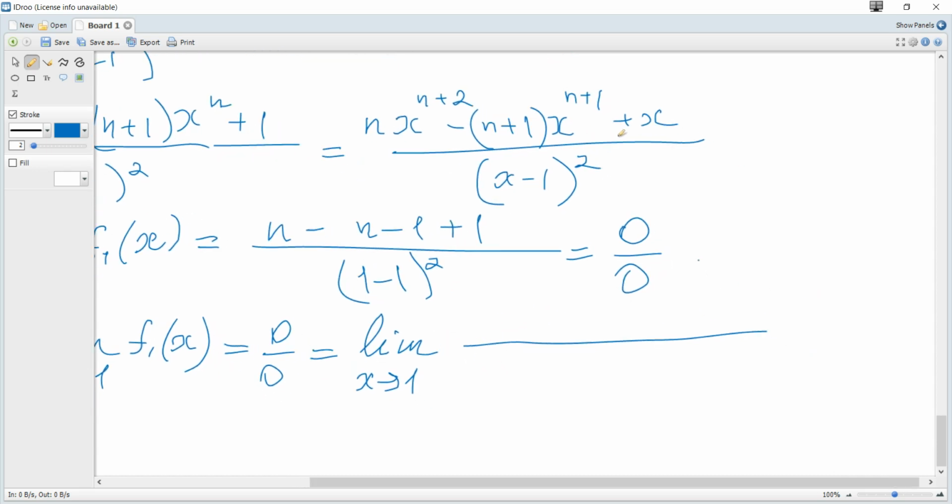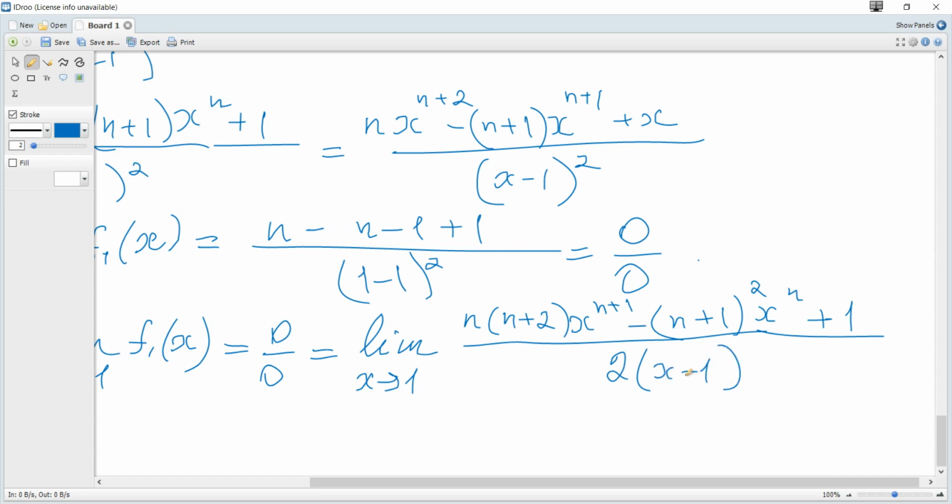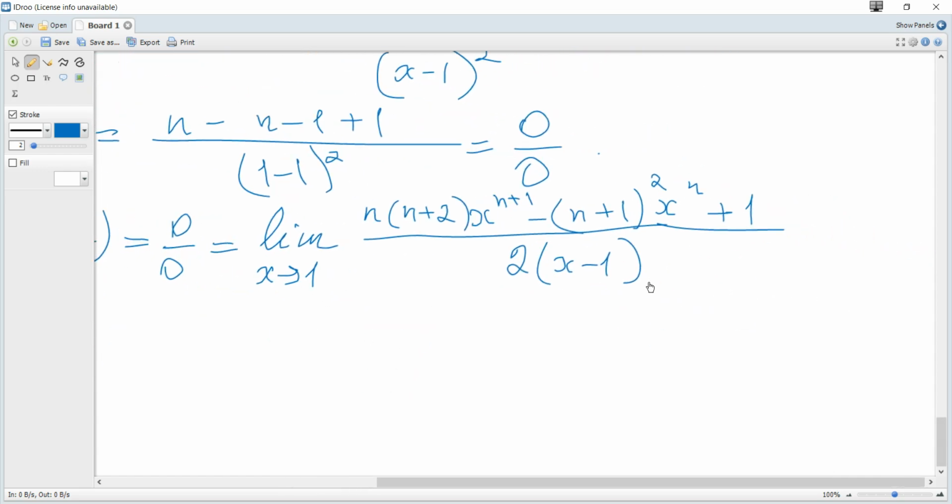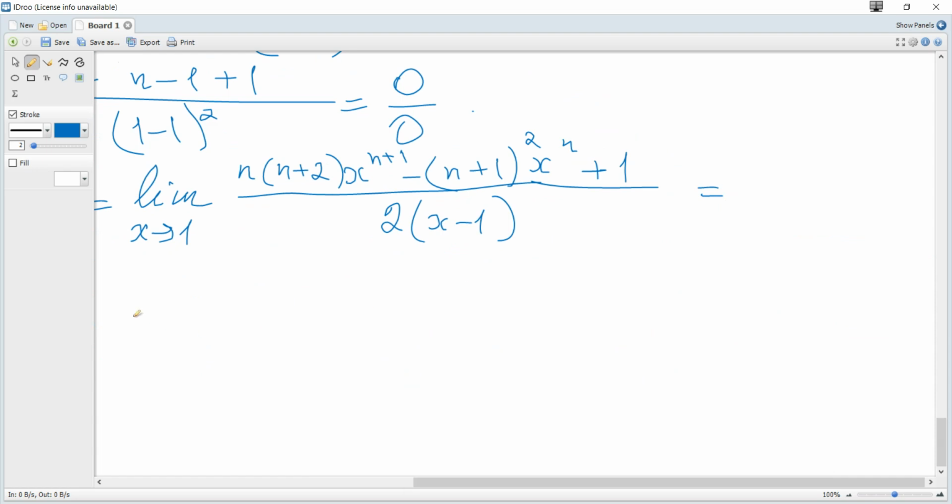So we consider the derivative of the numerator separately, and it becomes n plus 2 x to the n plus 1 minus n plus 1 squared x to the power of n, divided by 2 times x minus 1.